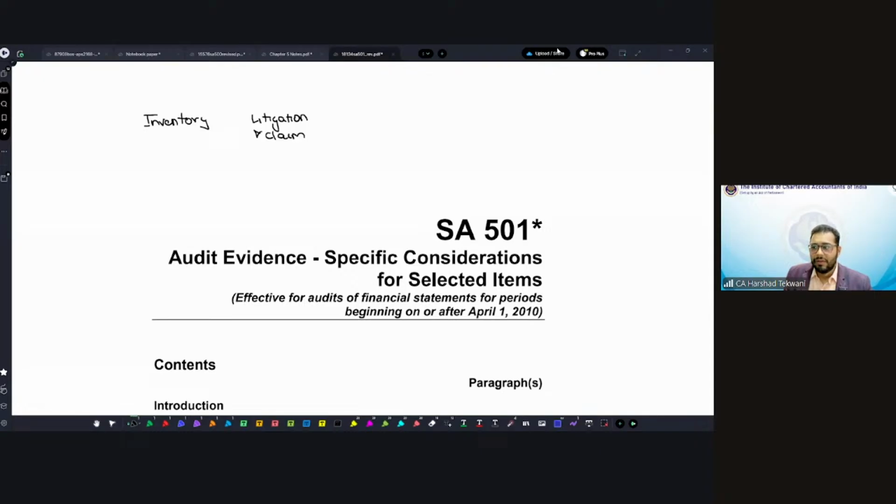Tell me, as per the standard, are you required to look into this area fully, all the things of inventory, all the things of litigations, all the things of segment information? Yes? No?